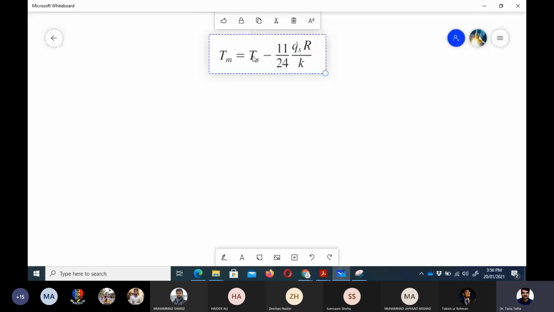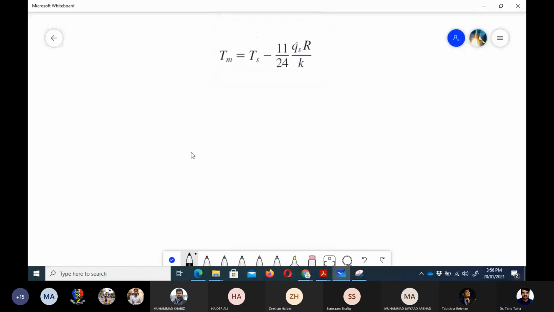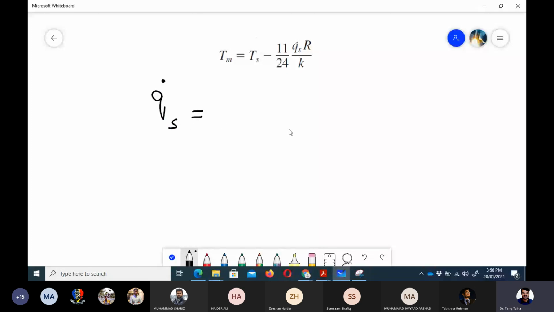From here, if we want to calculate the qs value, q dot s would be equal to Tm minus Ts into 24 by 11 into k divided by r.